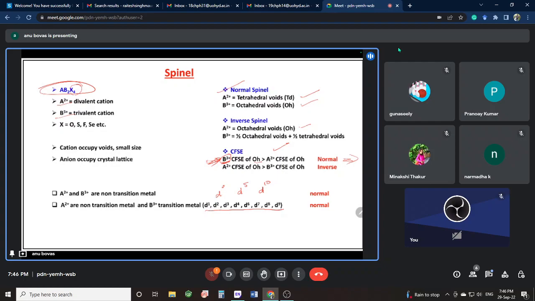So without even calculating the CFSE of A2+ or B3+, you can directly find out which kind of spinel it is, and it comes in almost every year for a 1 or 2 mark question.